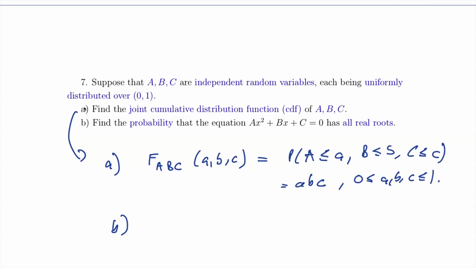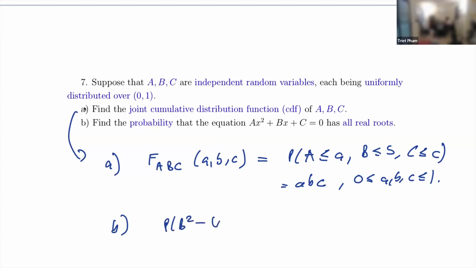Student: b squared minus 4ac would be non-negative. Right, okay, that's a start. So it's exactly the probability that B squared minus 4AC is not negative. But how do we calculate that?